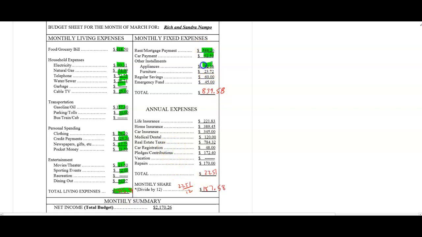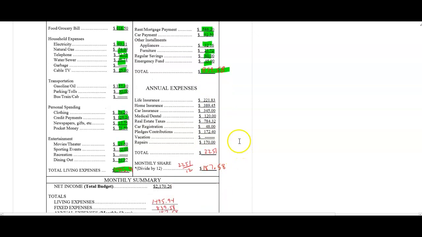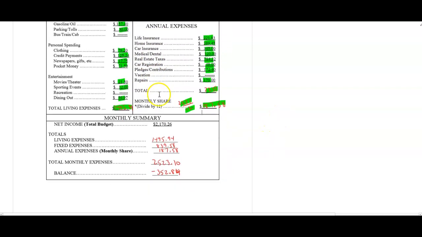When you add these fixed expenses, you get $839.58. And your annual expenses, when you add up all of these, you get $22.51. And when you break that down monthly by dividing by 12, you get $187.58.